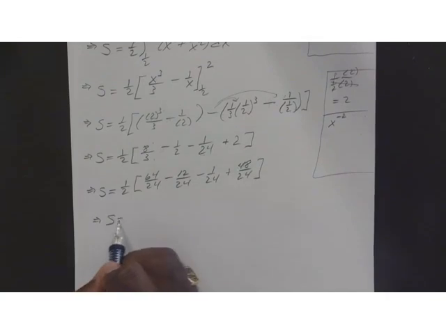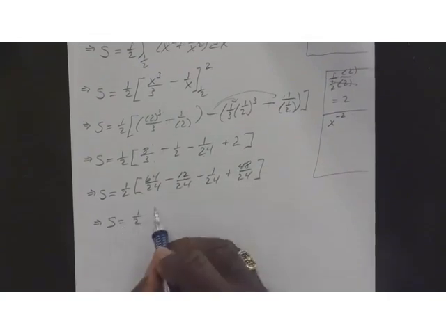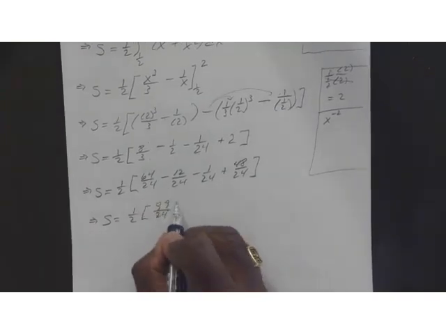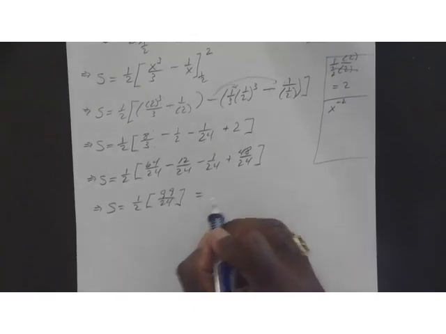So that gives us 1/2 times 99/24. I'm jumping ahead. And that gives us 99/48.